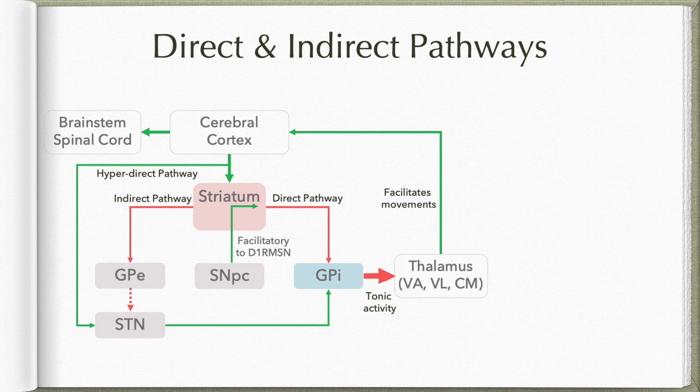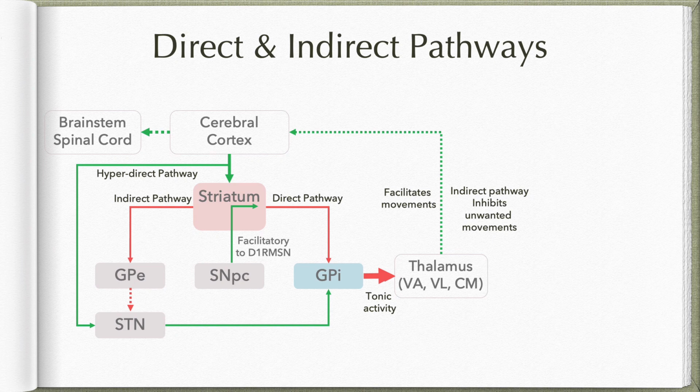Therefore, the thalamus will now not be sending any excitatory output to the cerebral cortex, and the cerebral cortex similarly will not be sending any excitatory output to the brainstem or spinal cord. So this pathway is active whenever it needs to inhibit unwanted movements. So the indirect pathway is involved in inhibiting unwanted movements.